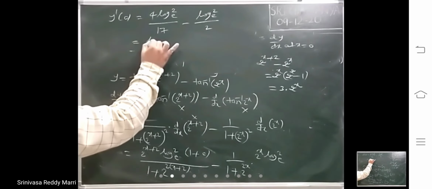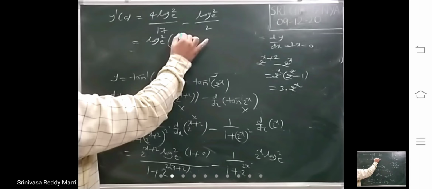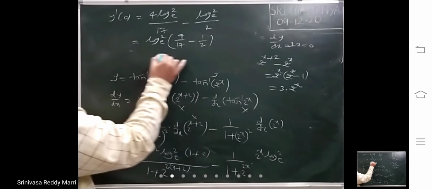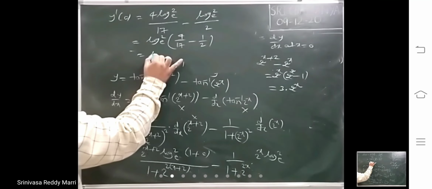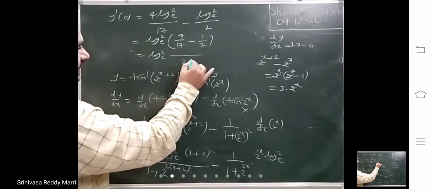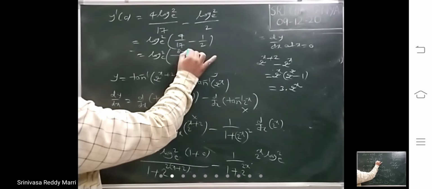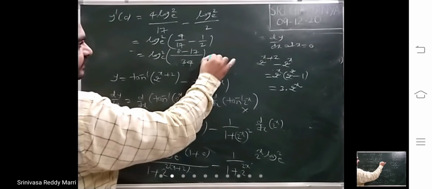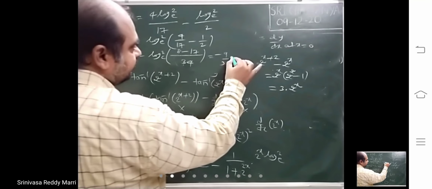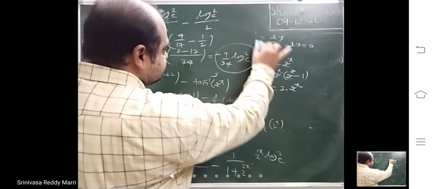Taking log 2 to the base e common, 4 divided by 17 minus 1 by 2. 34 is the LCM, 8 minus 17. So the required answer is minus 9 by 34 log 2 to the base e. This is the answer.